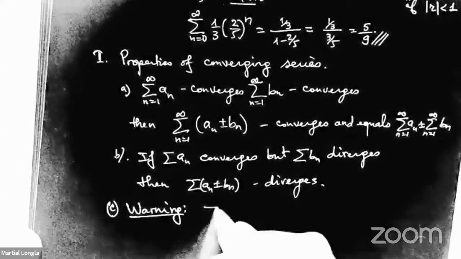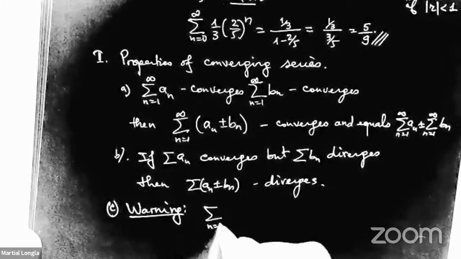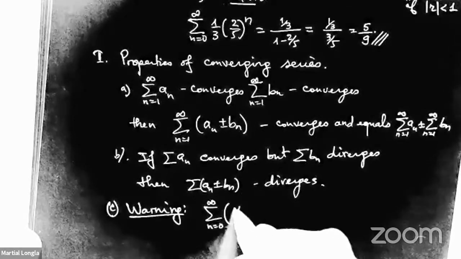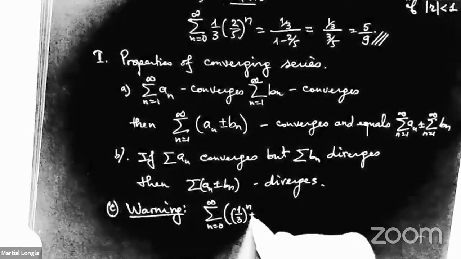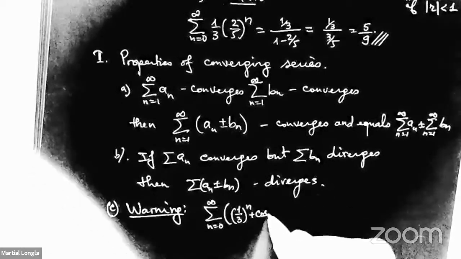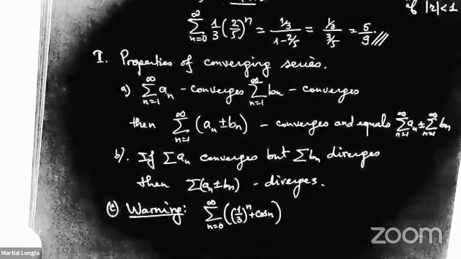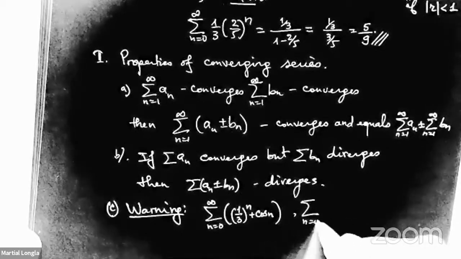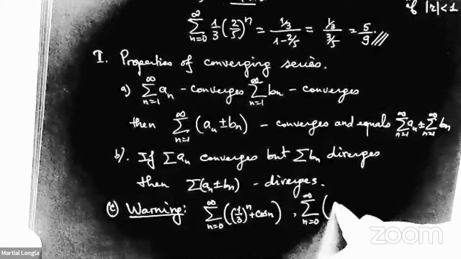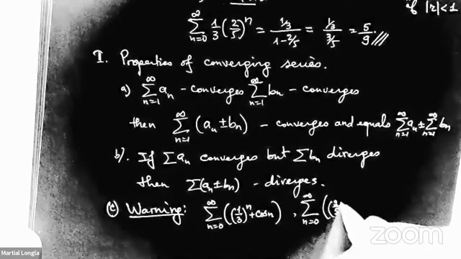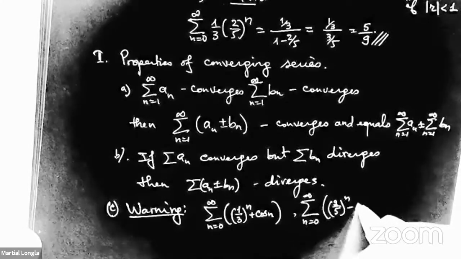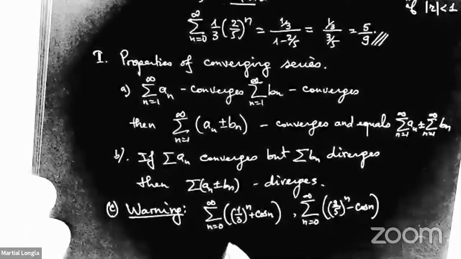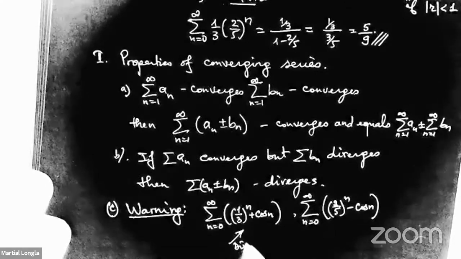If you have the sum from n equals 0 to infinity of (1/3) to the power n plus cosine of n, for example, and the sum from n equals 0 to infinity of (2/5) to the power n minus cosine of n, for example, this thing diverges.